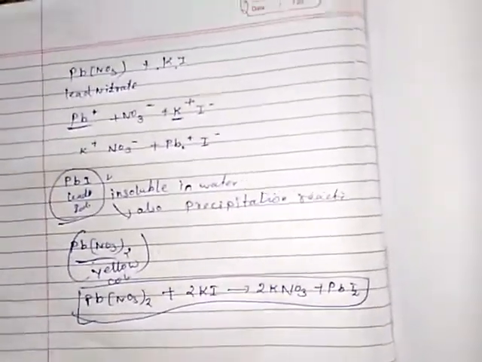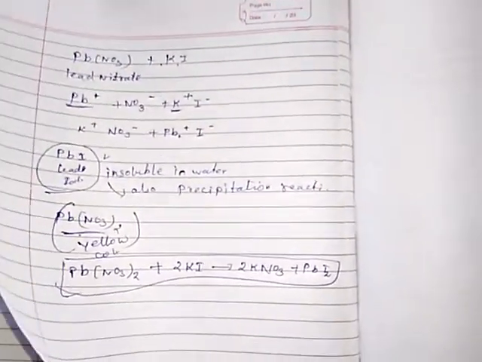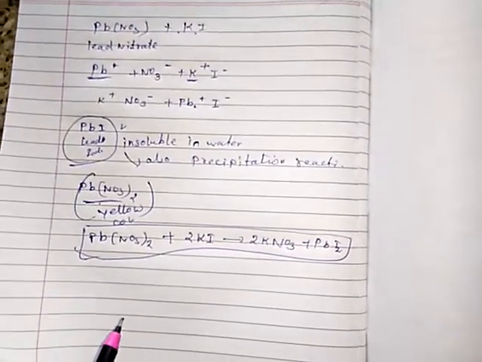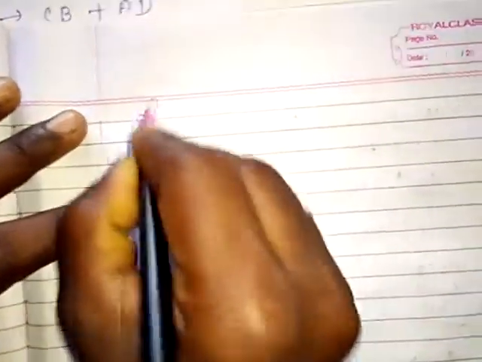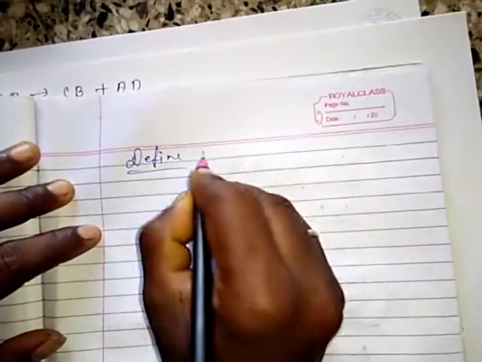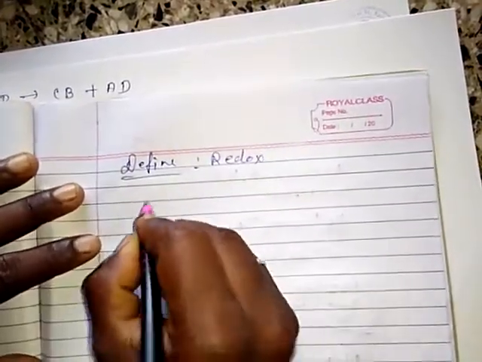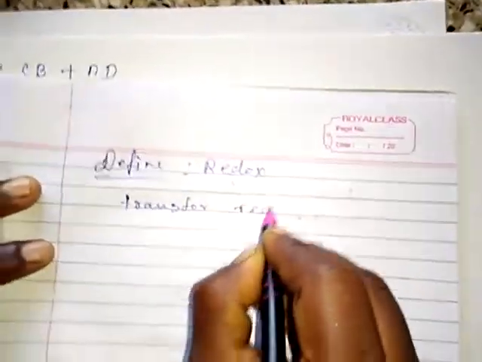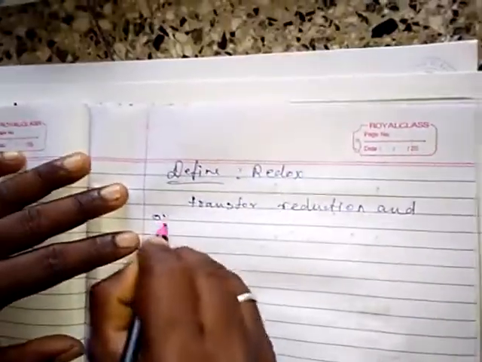Next, finally, let's look at the fifth and final type of reaction. Fifth type, redox reaction. Definition of redox reaction: redox involves reduction and oxidation.